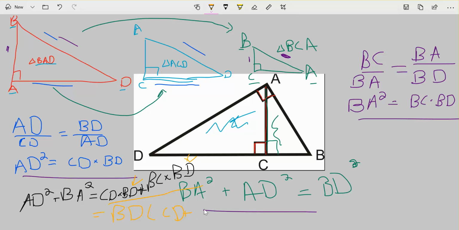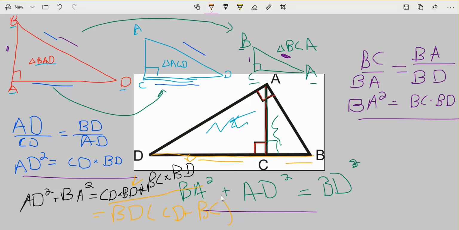CD plus BC. Okay? And now, if I come back and look, I see that BD is my hypotenuse in my original figure, which is made up of parts CD and BC.